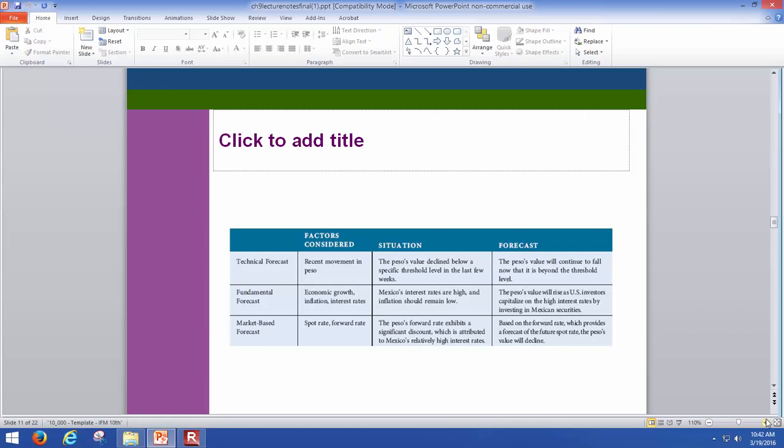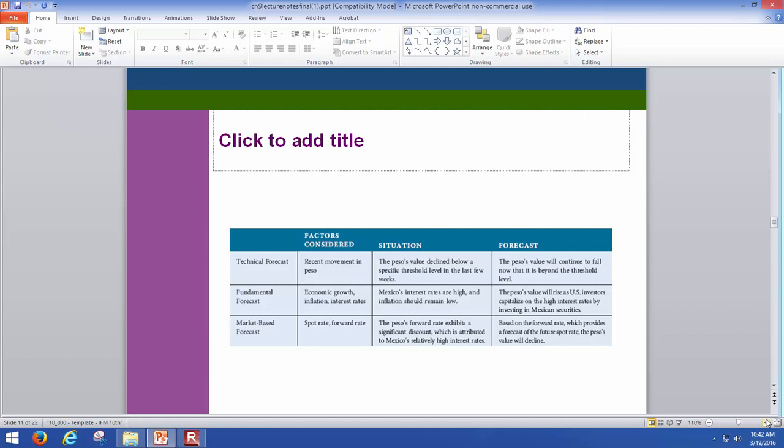And the third one is the market-based forecast. We are talking about the spot rate and the forward rate, with the forward rate being a good predictor of the future spot rate. The peso's forward rate exhibits a significant discount, which is attributed to Mexico's relatively high interest rates. So based upon the forward rate, which provides a forecast of the future rate, the peso's value will decline.